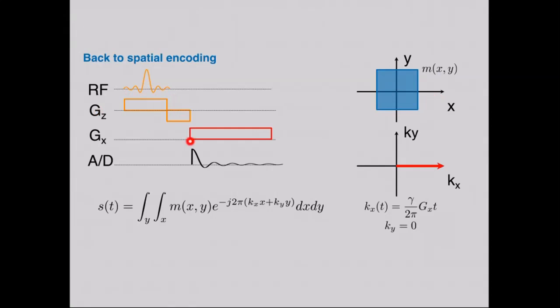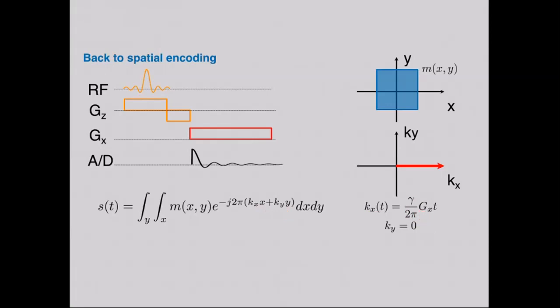Now I apply an X gradient. If you remember, the signal that I'm going to get is the integral over space of the magnetization multiplied by e to the minus 2 pi j (kx x plus ky y). Now remember that kx is gamma over 2 pi Gx t.